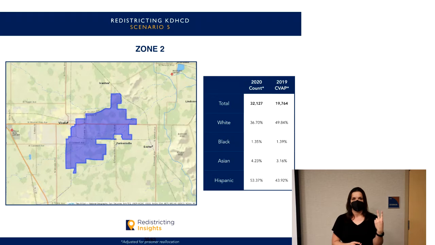It is under by 2.99% from the goal deviation, 43.92% Hispanic CVAP. This one mostly takes in the eastern part of Visalia, so it crosses that 198 barrier there, but takes in these eastern areas.